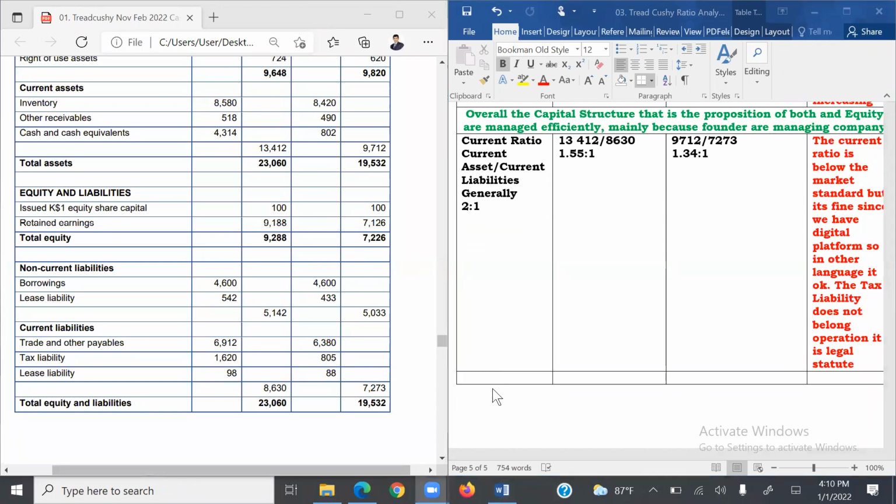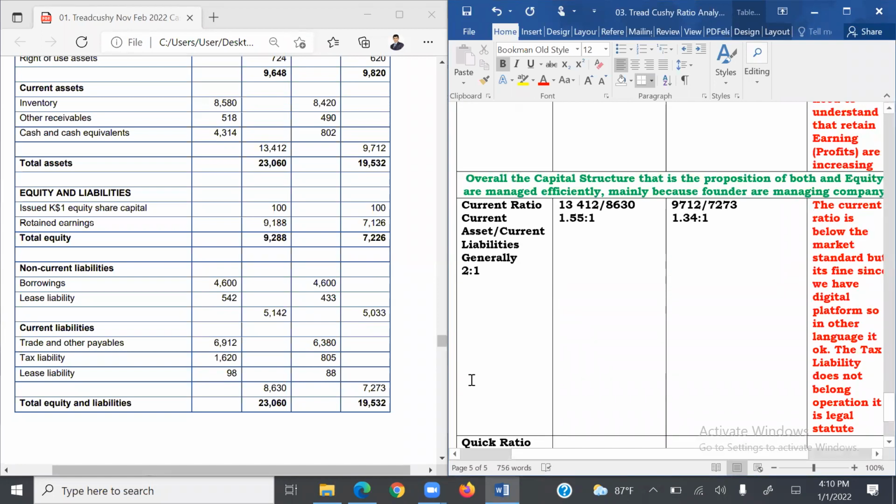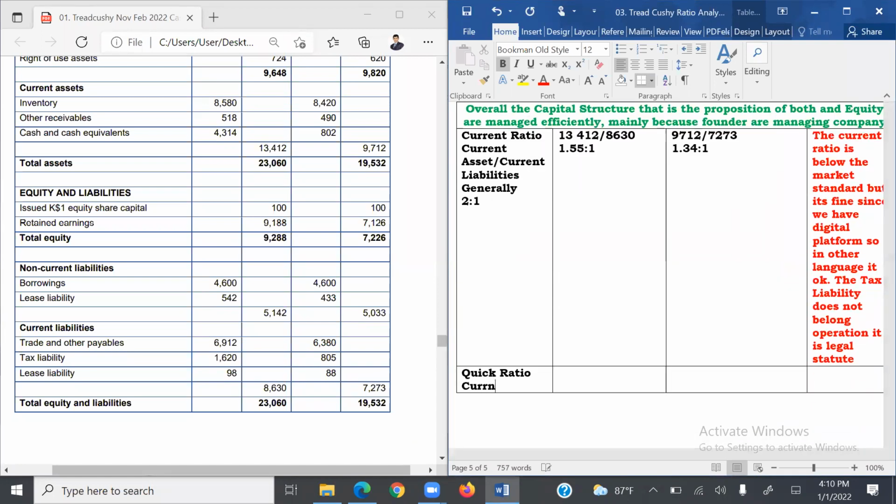So after the current ratio, the next ratio we are going to write down is quick ratio. So students, quick ratio is a very simple thing. That is current assets minus the inventory, because you need to take out the inventory, divided by the current liabilities.